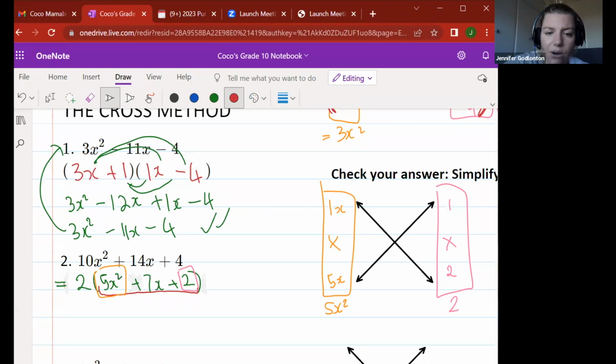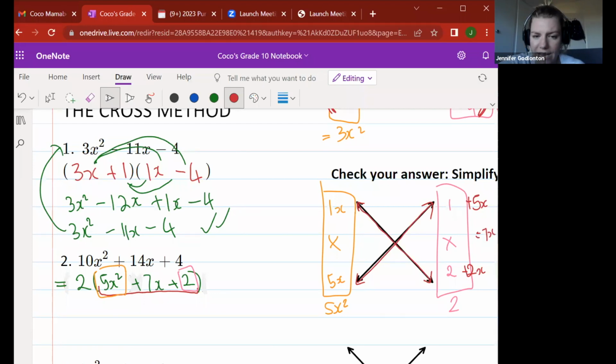So we're going to say 1x times 2 is going to give me 2x. 5x times 1 is going to give me 5x. Is it possible for me to get 7x with 5x and 2x? Good. So I'd have to say plus 5x plus 2x. If I add those together, I'm going to get 7x.